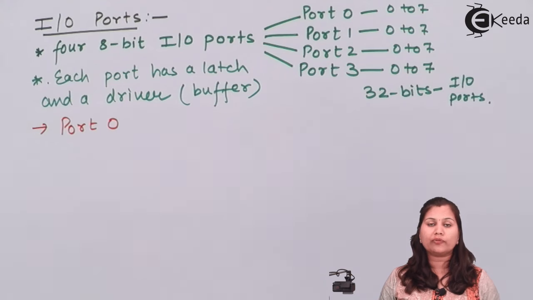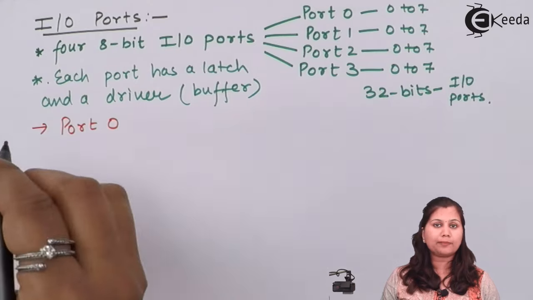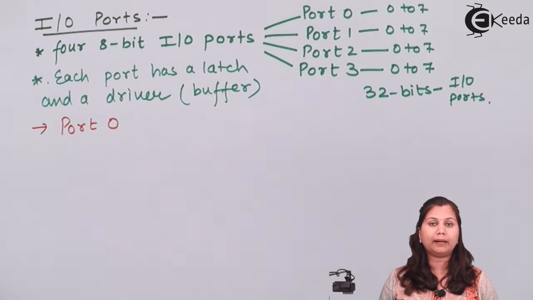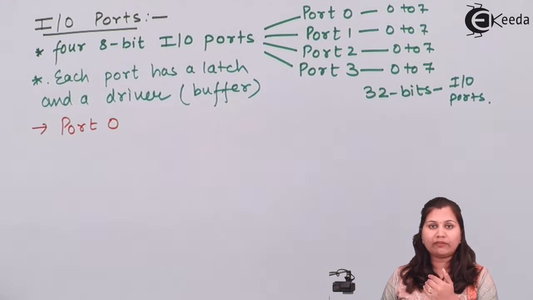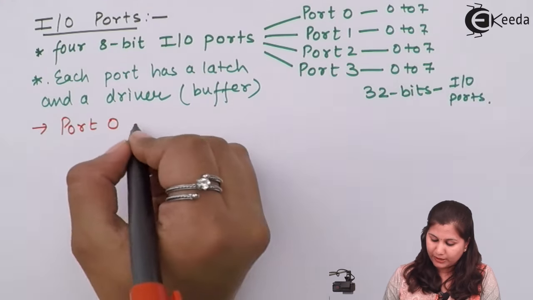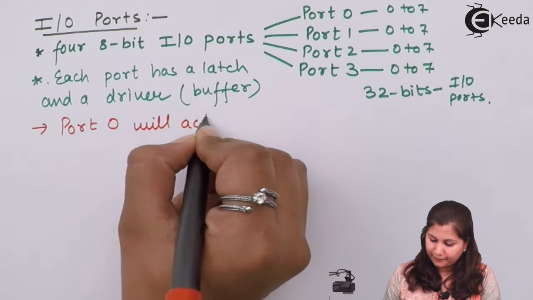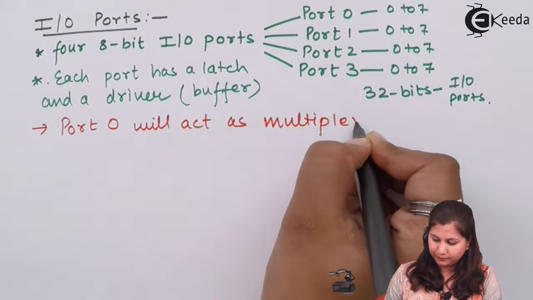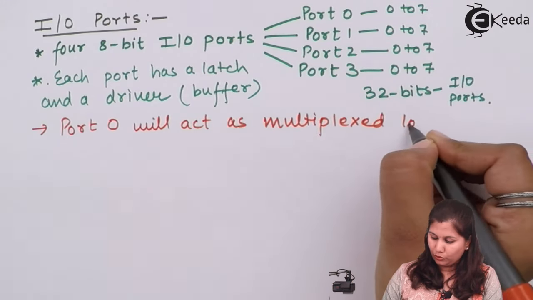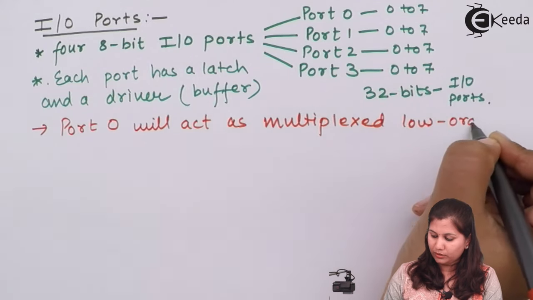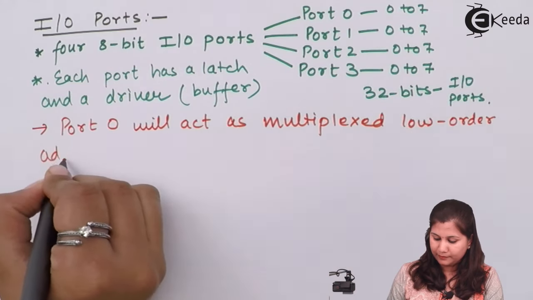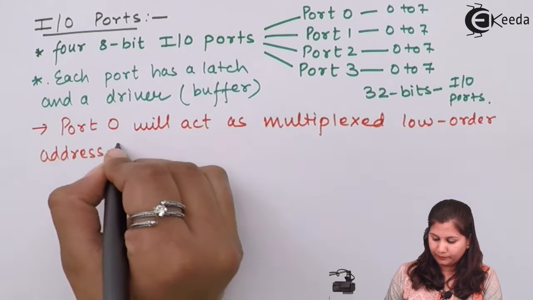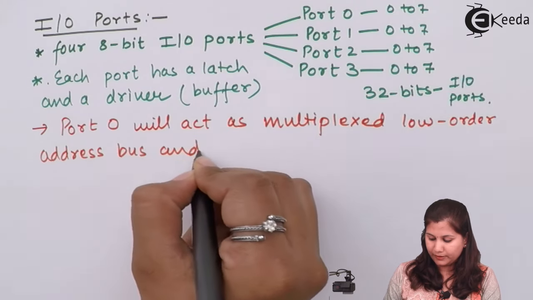Whenever external memory is present in the microcontroller, this port 0 can be used as the multiplexed lower order address bus and the data bus.